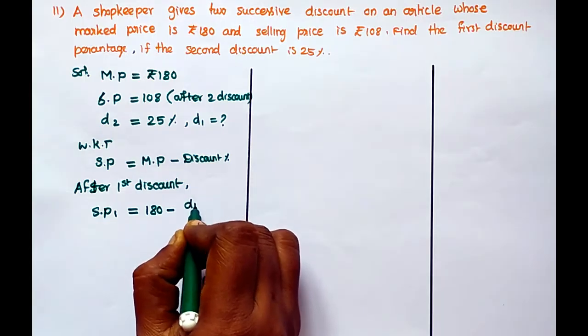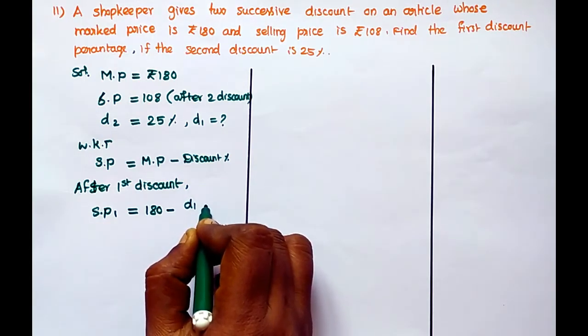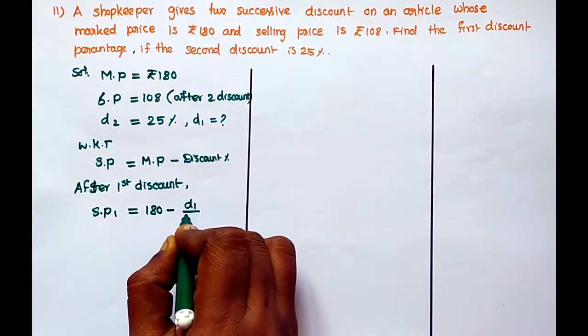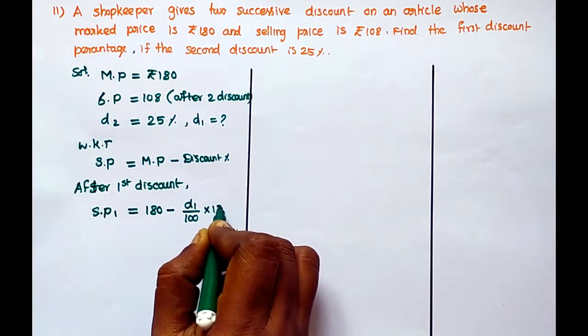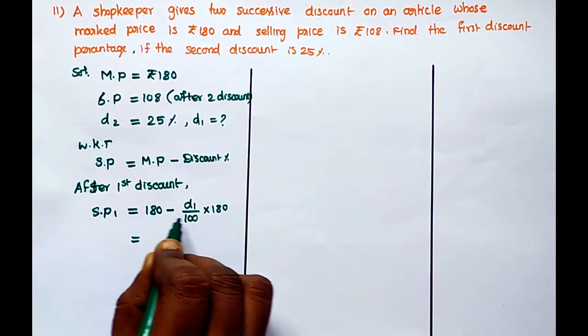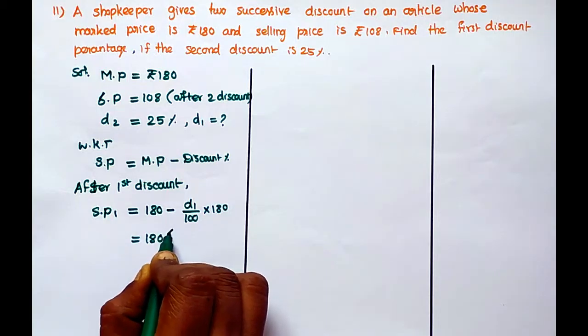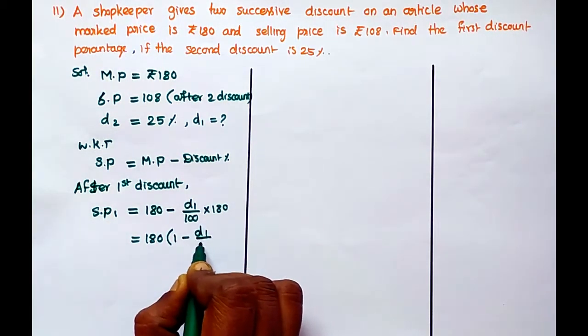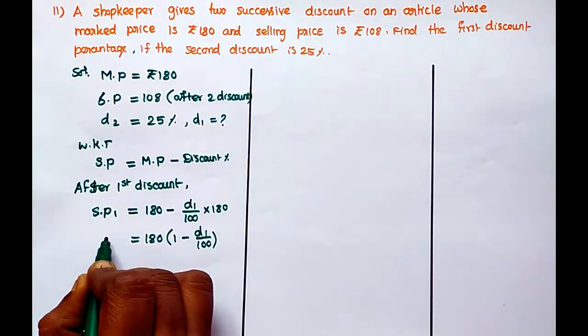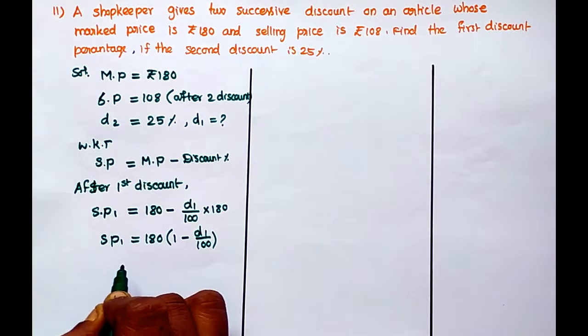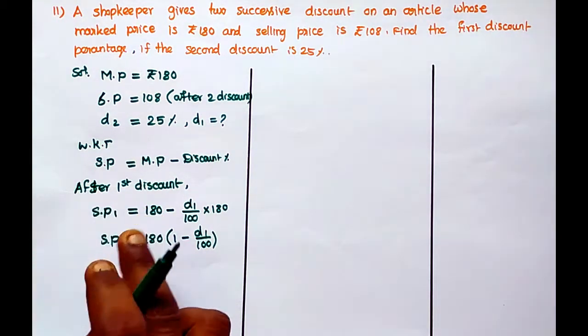So D1 percentage of 180, that is D1 by 100 into 180. Take 180 as common. So inside the bracket 1 minus D1 by 100. That is SP1, that is selling price 1 after the first discount.